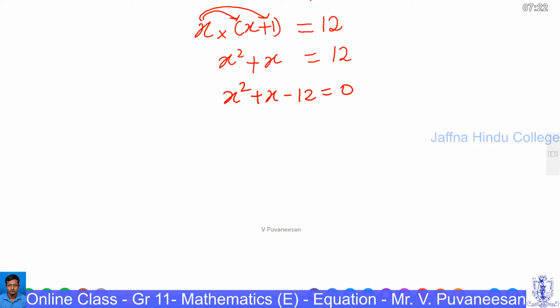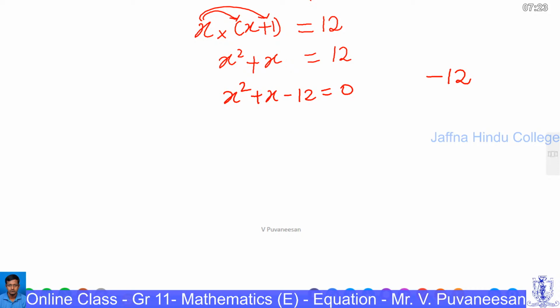Now the coefficient of x square equals 1, so we consider the minus 12. We need to find two factors of minus 12 whose sum should be plus 1.